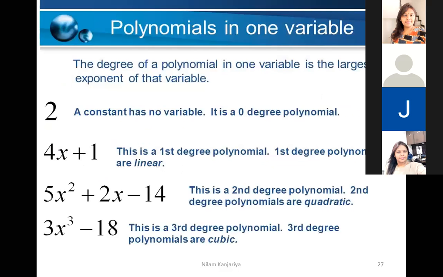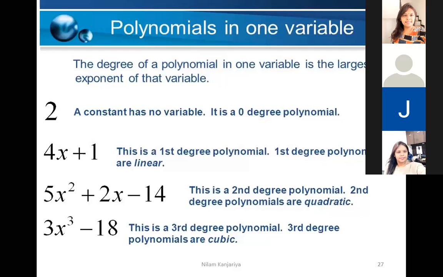Now the next type. Now we can discuss the polynomial in one variable. With 2 variables it's not, but the type depends on the degree, and the degree means the highest power. Okay, there are some examples. First of all, this is 2. It has no degree, that is, the degree is 0.